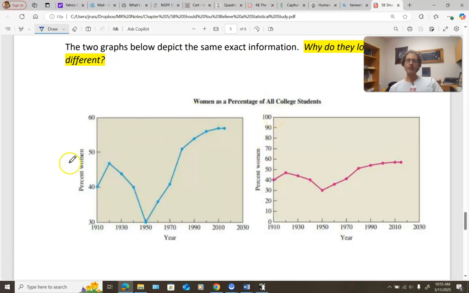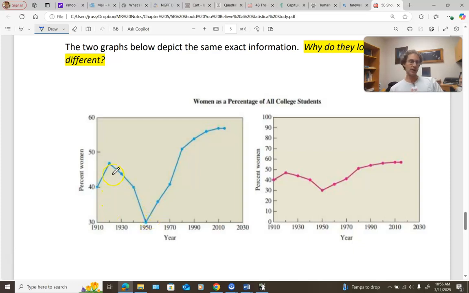So what's happening on the left is that you're truncating part of that vertical axis. You're only showing a very small portion of it, and when you do that, that makes these changes seem very abrupt, and it makes them appear as though they have a much larger magnitude than they actually have.